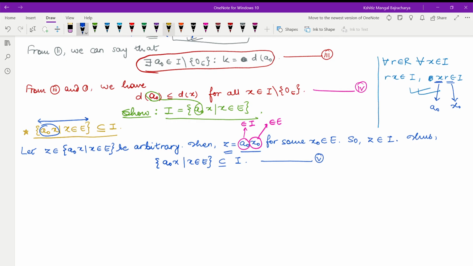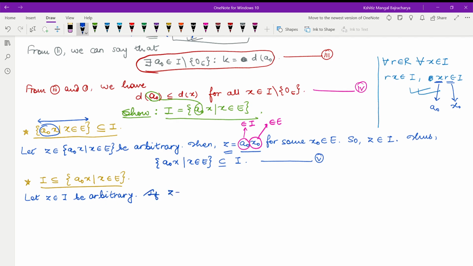Now we're going to show the converse: I is a subset of a0x, such that x belongs to E. For this we're going to take an arbitrary element Z in the ideal I. Then we can have two cases.